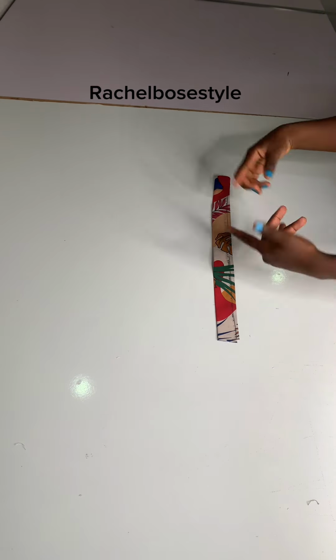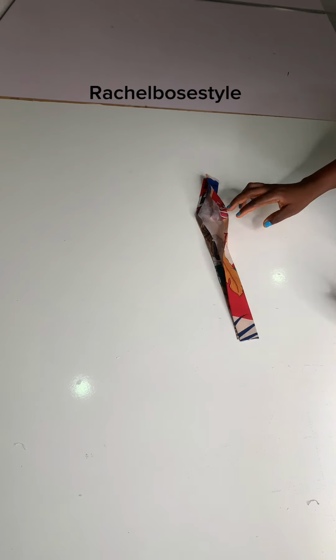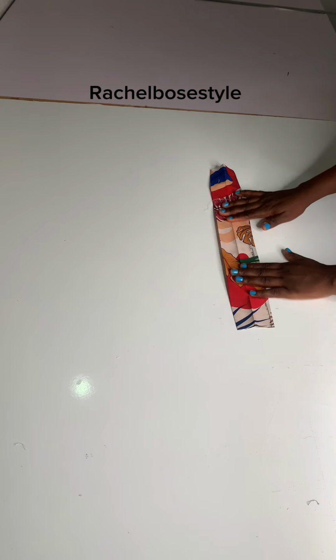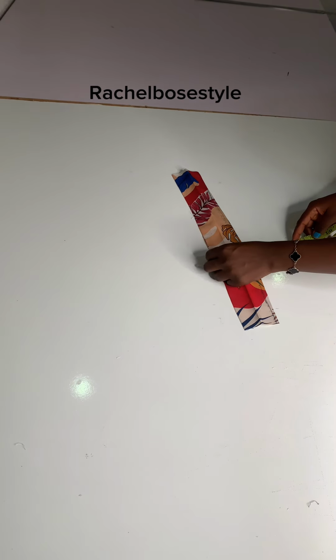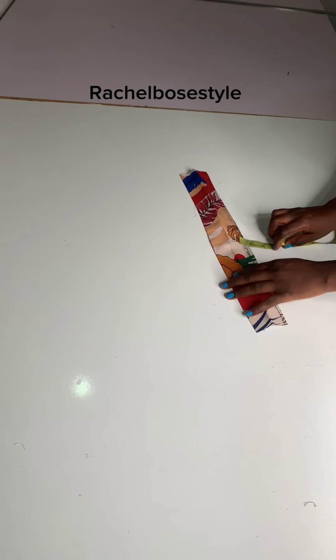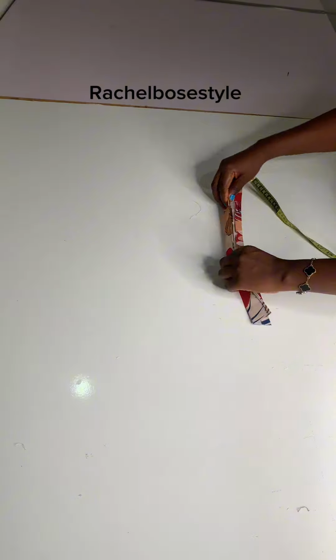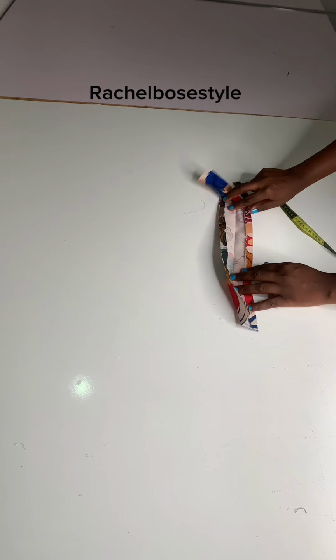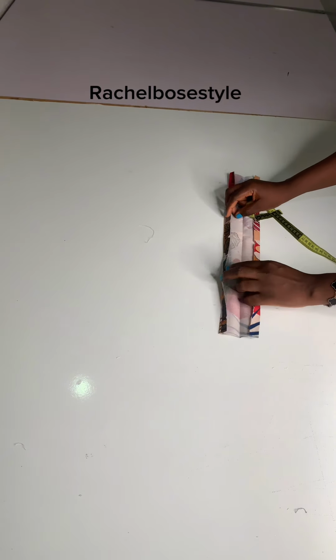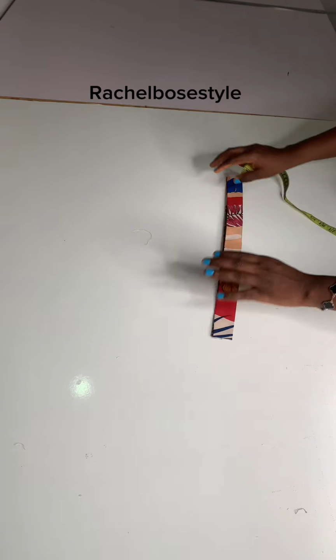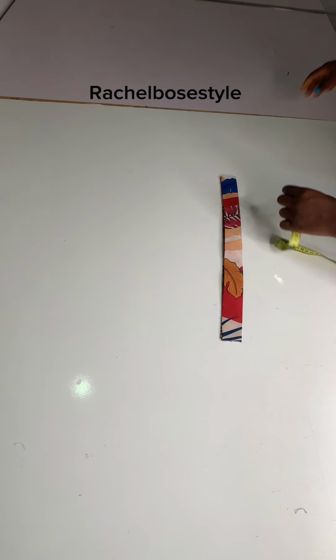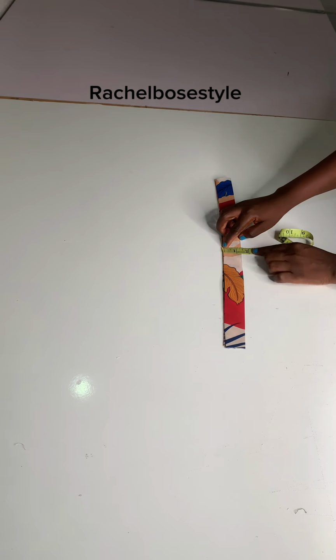So this is the band I have for the neck part. I went ahead to cut 4 inches by 16. My neck measurement after measuring was 16, plus 1 inch allowance. So in total I have 4 inches for the wideness. Also I went ahead to iron interfacing to the neck part and I fold in half-inch.